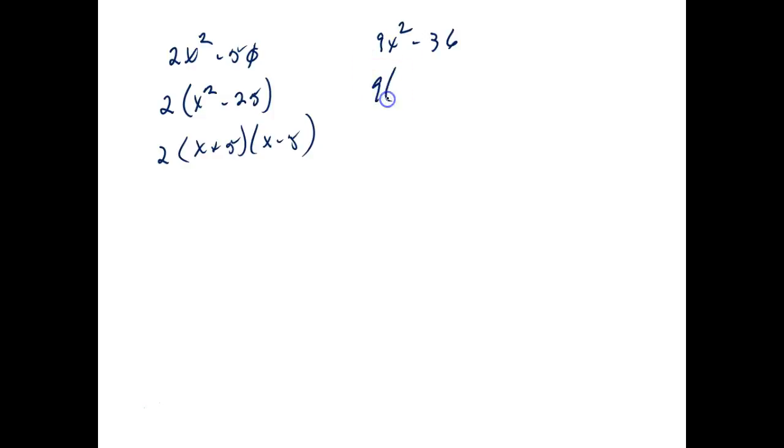Factor out of 9, what do you have left? X squared minus what? Are you through? How do you proceed? 9 times x plus 2, x minus 2. Y'all are good. Okay. Now, I thought I heard someone starting, that first one's a difference of 2 perfect squares, isn't it? So why didn't we do that first?